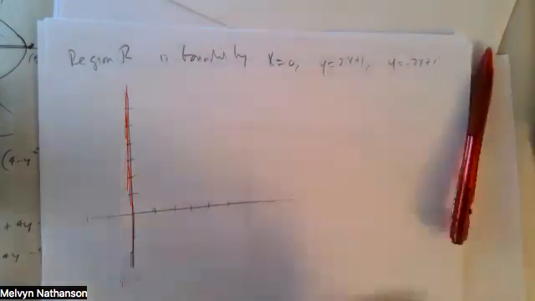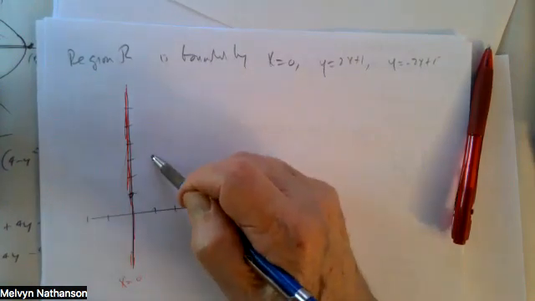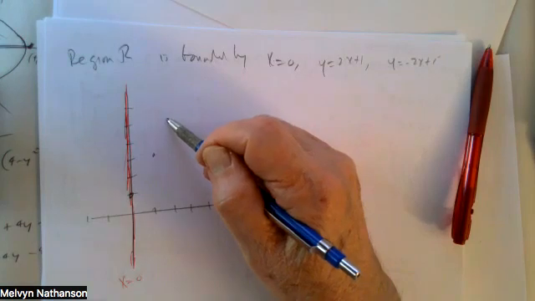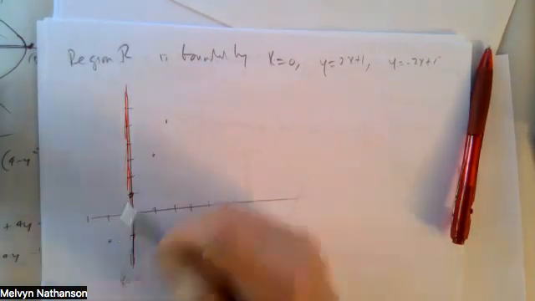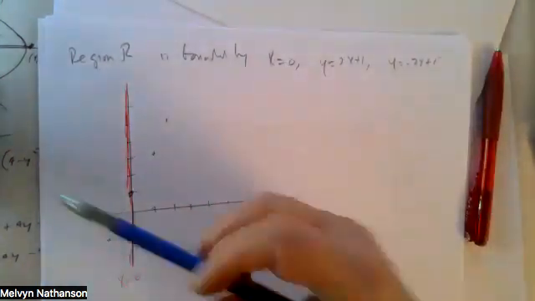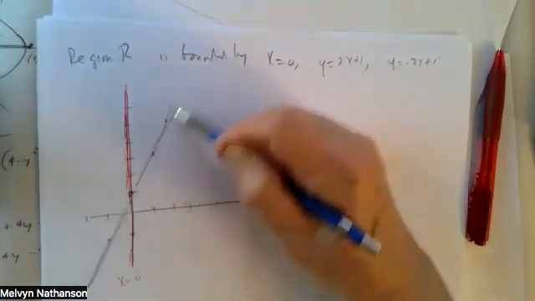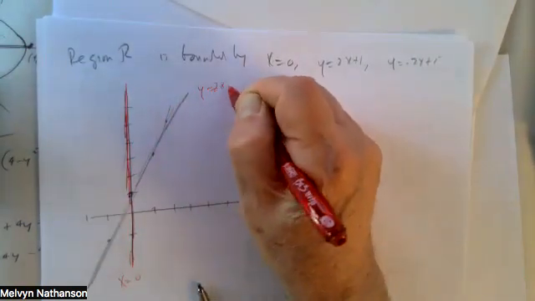What is y equals 2x plus 1? That's a straight line with y-intercept 1 and slope 2. It's just this line. So this is y equals 2x plus 1.